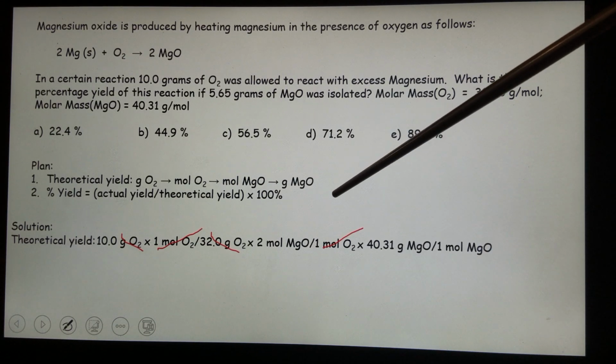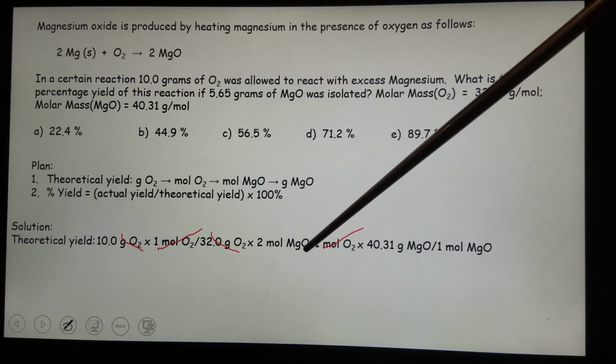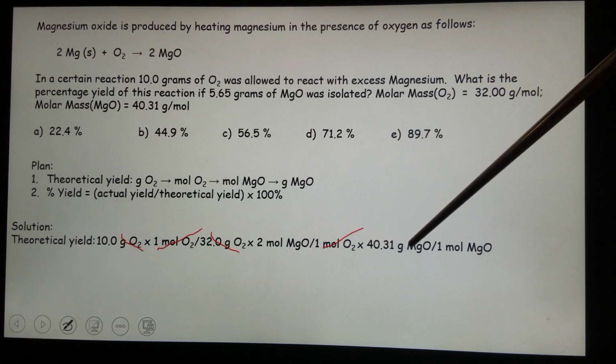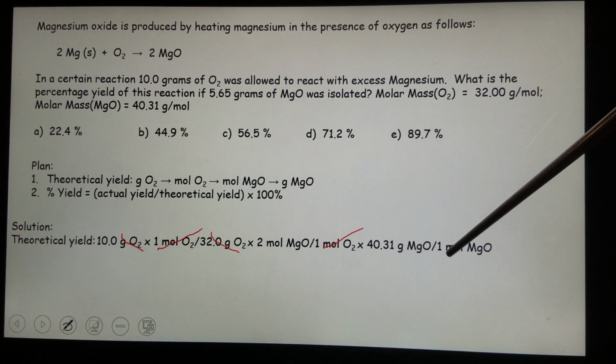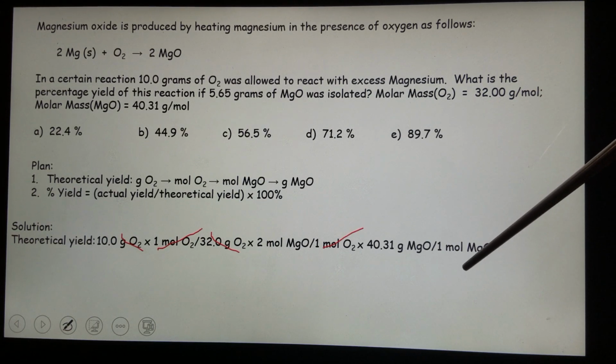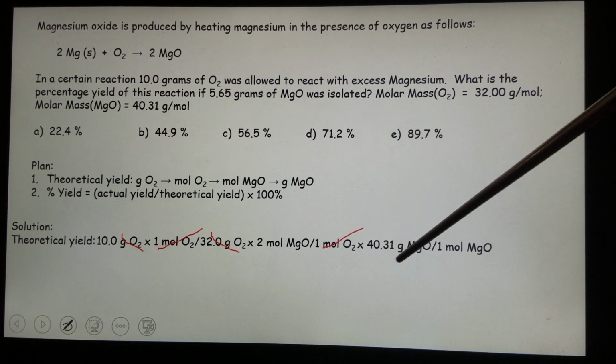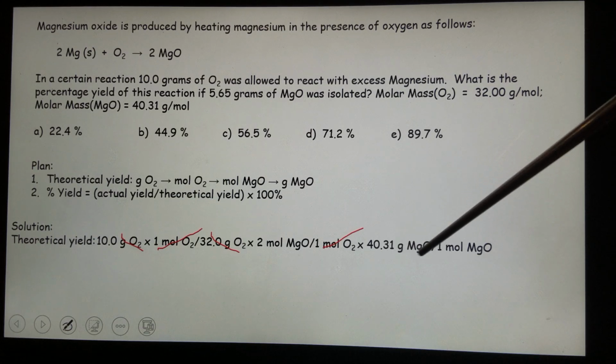Then we convert from moles of magnesium oxide, put that on the bottom as a denominator, to grams of magnesium oxide using the molar mass.